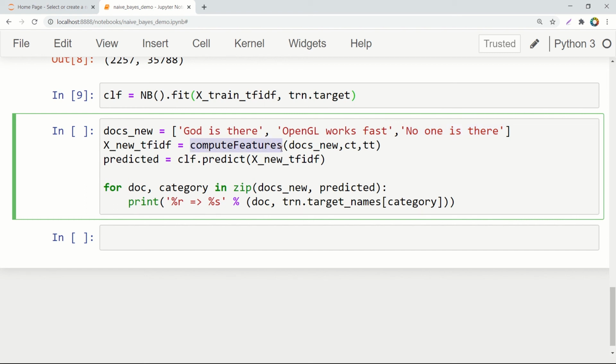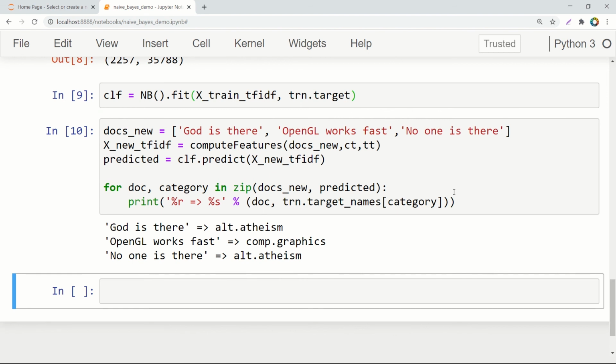First, we compute the features of these new documents using our count transformer and TF-IDF transformer. Then we predict the topics using the naive Bayes classifier's predict function, and see what the predicted value is that is returned by the classifier.